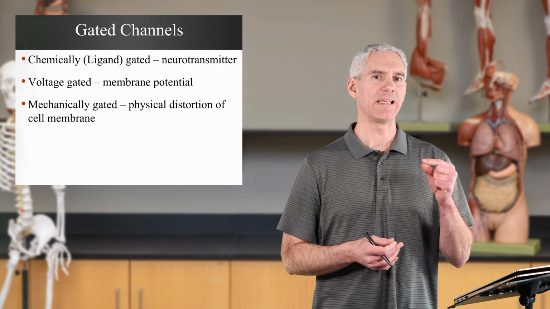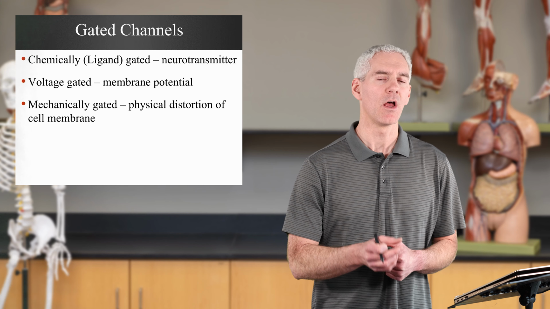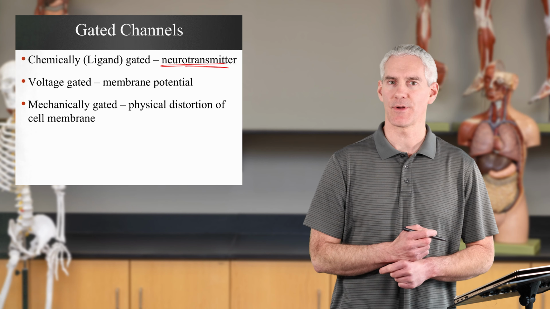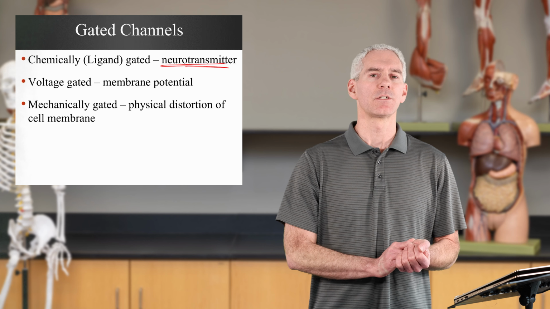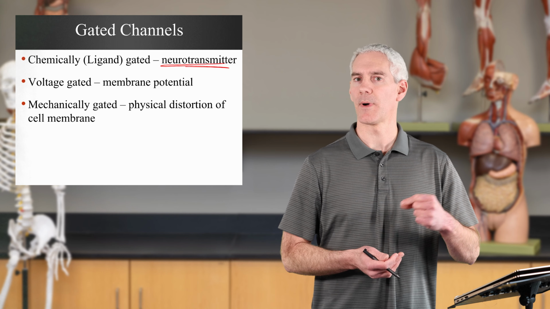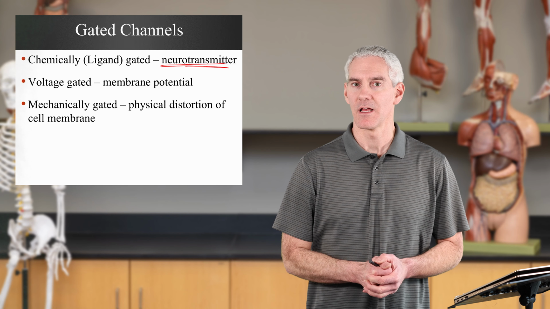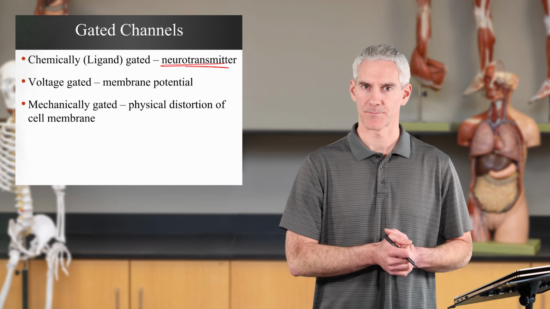In the case of the chemically gated or ligand gated channels, these will open if a particular neurotransmitter or chemical binds. For example, we've already gone through the muscles and the neuromuscular junction. Remember in that case, acetylcholine was released from the neuron towards the muscle.